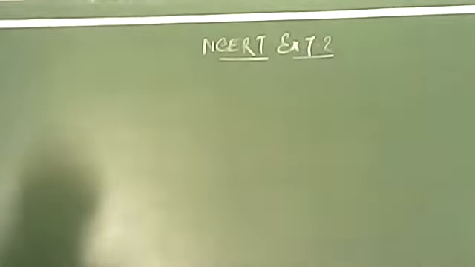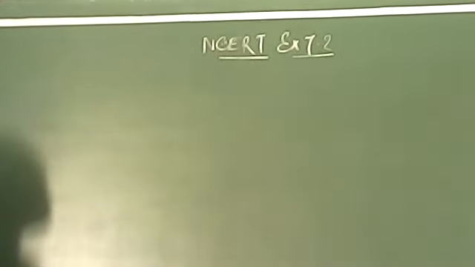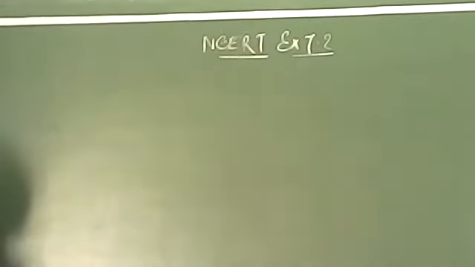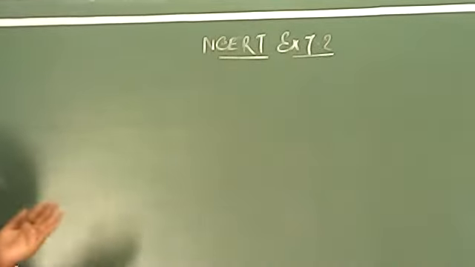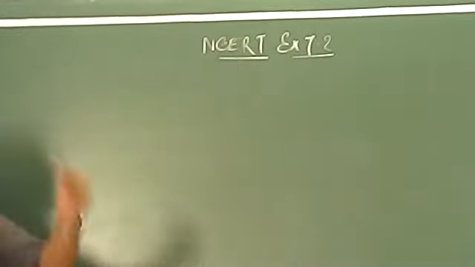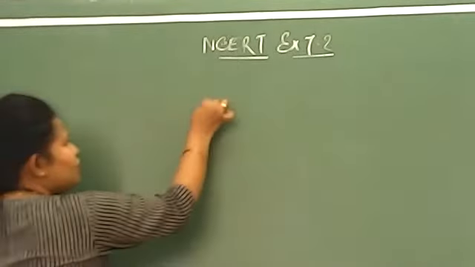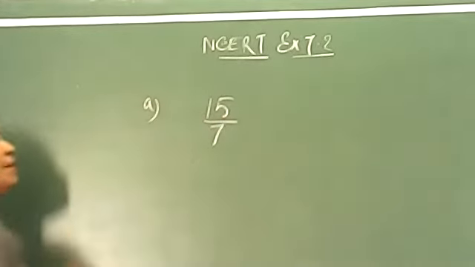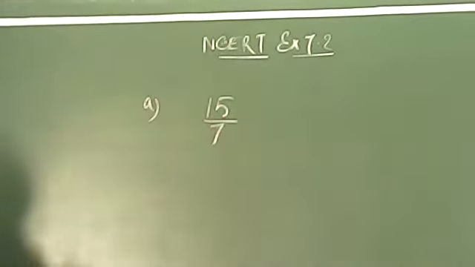Yes. Now the next pattern is of exercise 7.2, how to convert improper to mixed and mixed to improper, which we have already done. So I will take it a little faster. Suppose you have a question like 15 by 7. You know 15 by 7 is an improper fraction. How to convert improper to mixed?